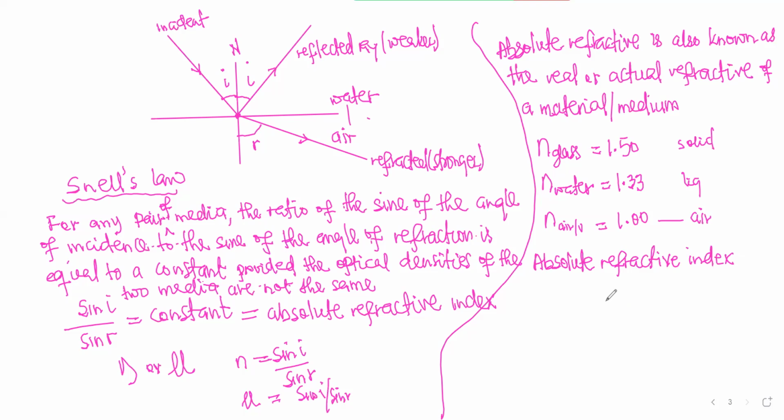That is what we are representing by the symbol n or mu. So if you see n or mu, class, we are referring to the absolute refractive index, or real or actual refractive index, of a material.